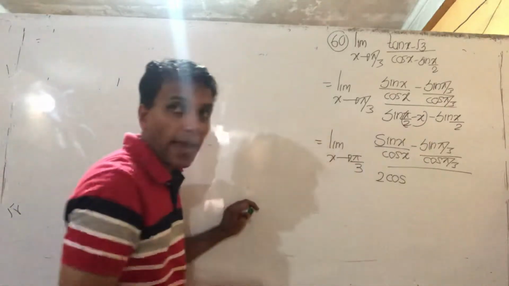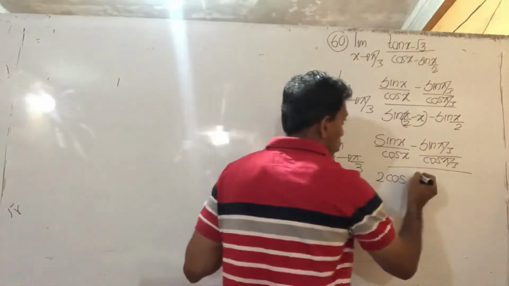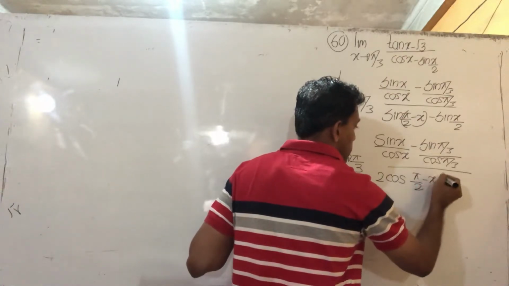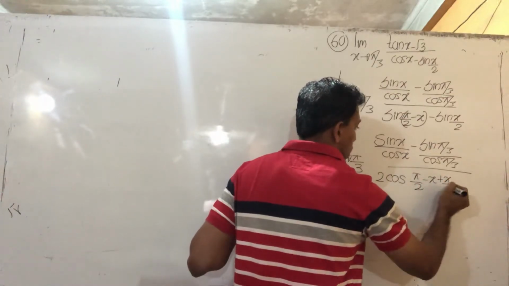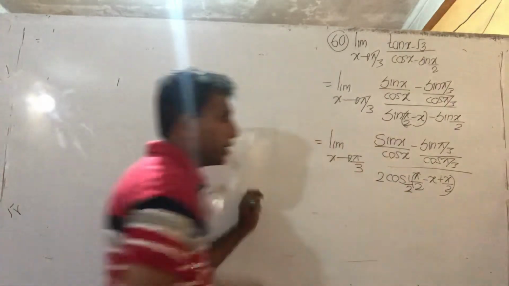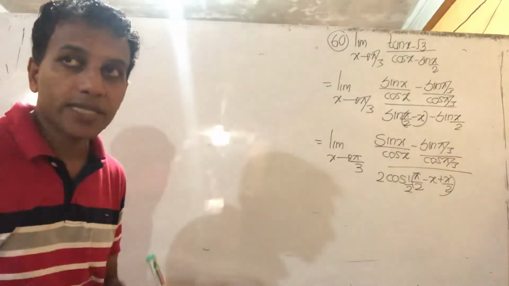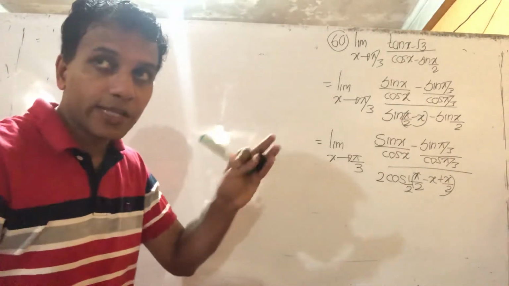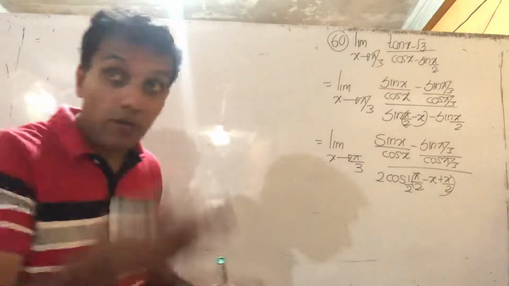At these 2 angles, write the half. Very important, don't misuse. Write properly at these 2 angles, and write the half, right? Divide by 2. Sine c minus sine d: 2 cos at the 2, write the half. The other one is sine.